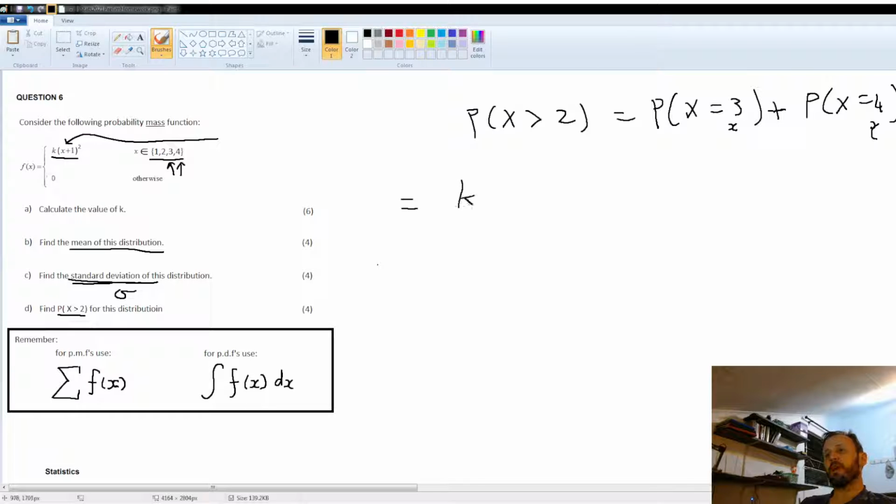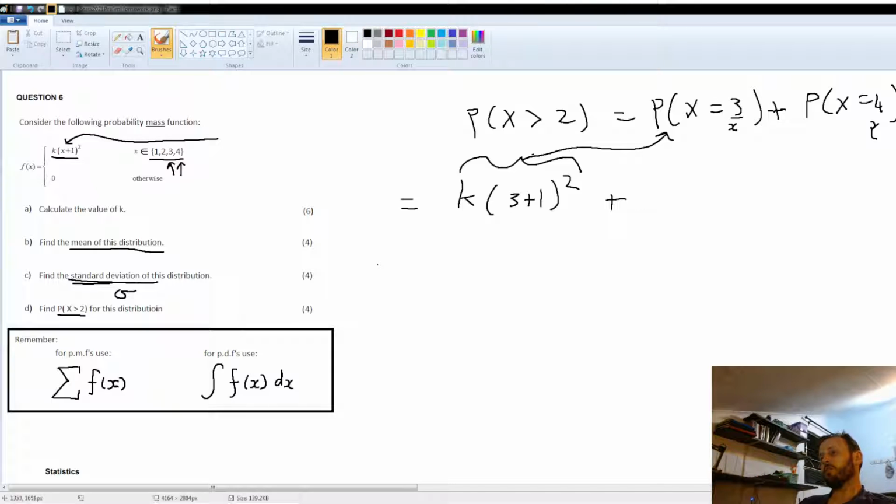So this is going to be k times 3 plus 1 squared. That is that probability there. So it's very easy. You just take the number that you're looking for, which is a 3 in this case, and you put it into the actual formula of the probability mass function. That's what it's designed to do. It's there to tell you the probability of x being equal to that value.